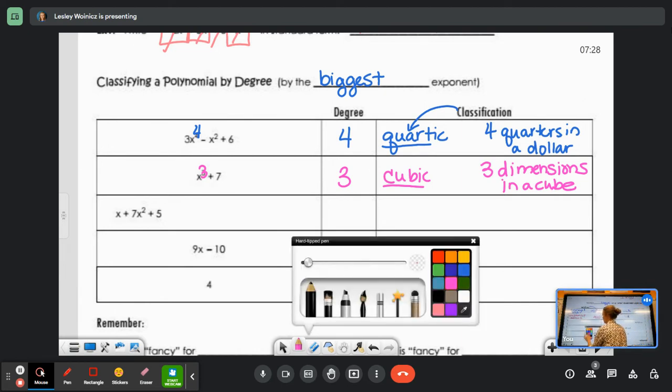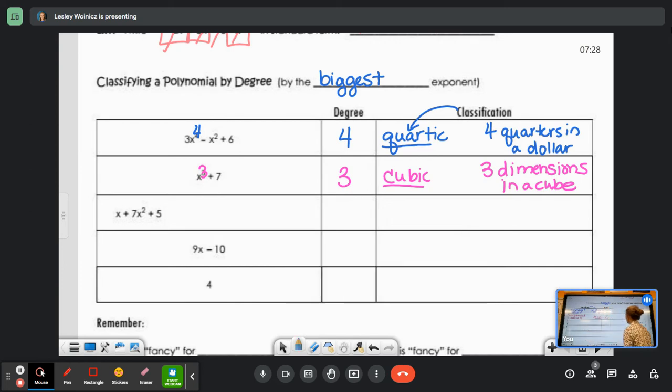All right, the next one, you can see there's something wrong with it. It's out of order. The highest power is 2, but it's not the leading term. So we want to change the order and write it in standard form. So I'm going to put the 7x squared first, and then the plus x, and then the plus 5. Okay, we want standard form always.